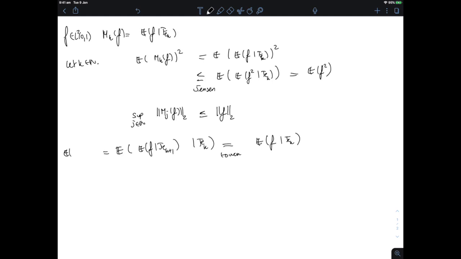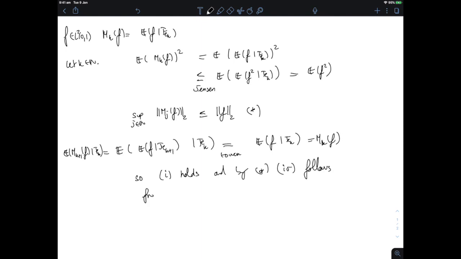So this was the conditional expectation of m(k+1)f given Fk, and this has to be equal to mkf. So 1 holds, and by that, 4 follows from Doob's martingale convergence theorem. Okay, that's 1 and 4.